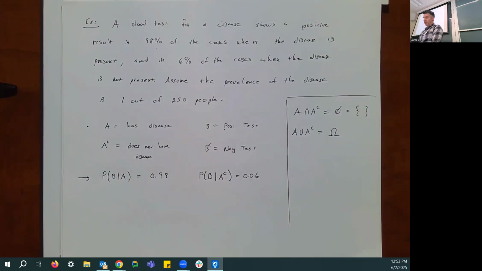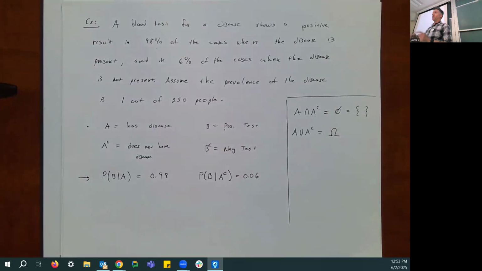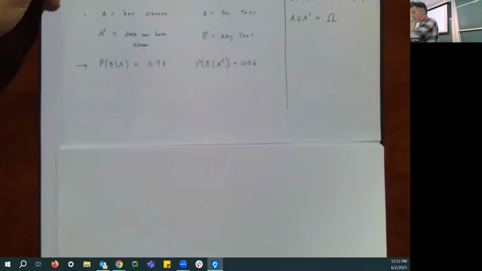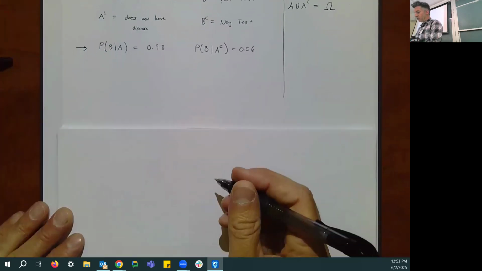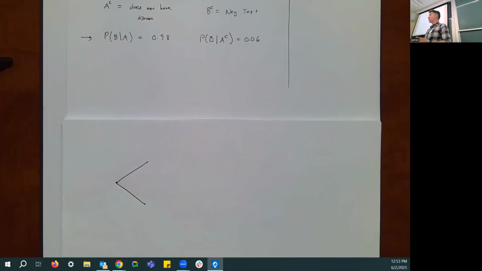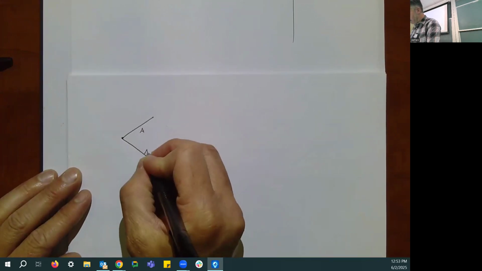So what I would say is a better way to write things down like this is using what we call a tree. For any kind of problem like this, where they're giving you positive, negative testing, I think it's always good to use a tree. And typically, the first branch of your tree should be having the disease or not. So you can either have the disease or not have the disease.